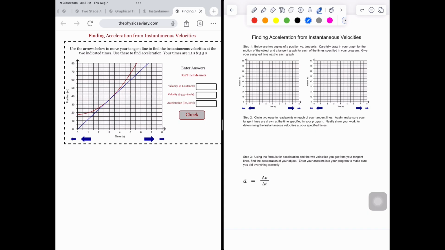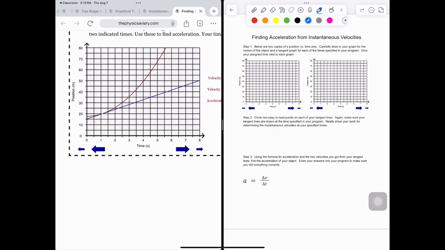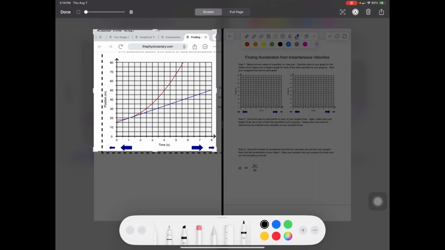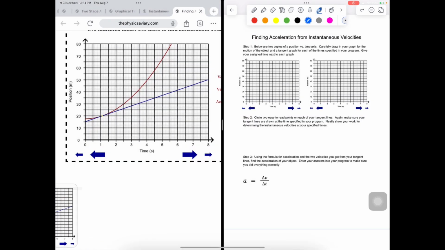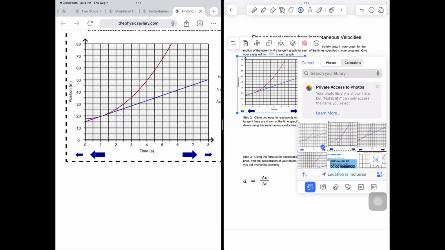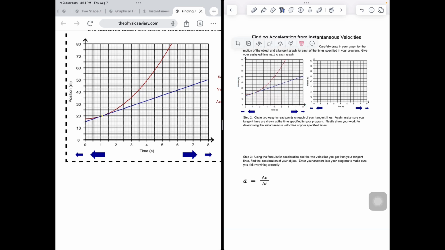You take a moment to do yours. Okay, there's the first graph.